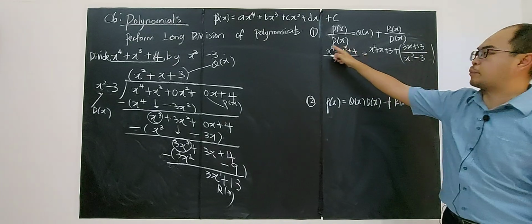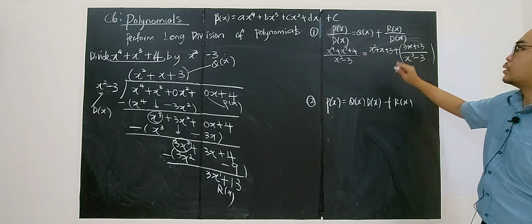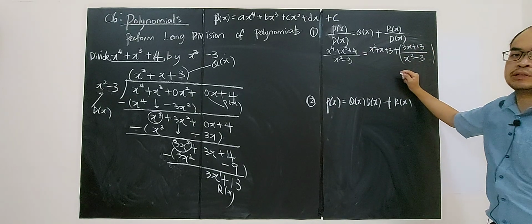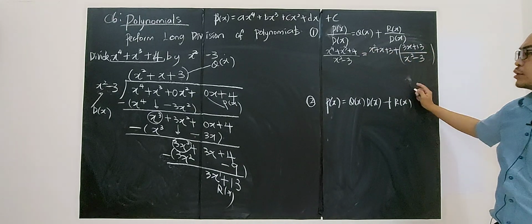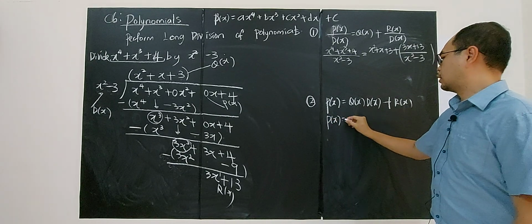This is an improper rational function. This is a proper rational function here.